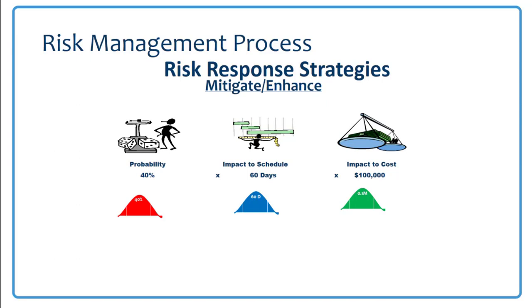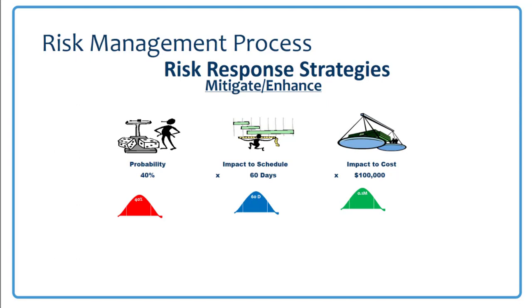Another response is mitigation or mitigate for threats or enhance for opportunities. To mitigate a threat, the project team may seek to lessen the impact of a specific risk item, which may involve the consumption of additional time or money, and it does require positive action, and it usually has a cost.